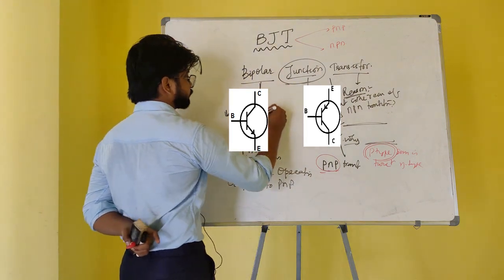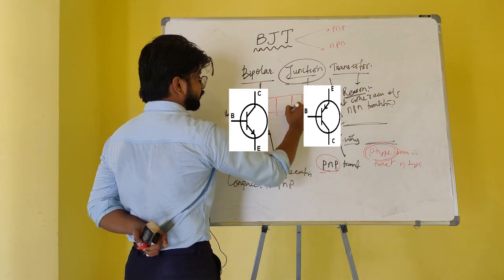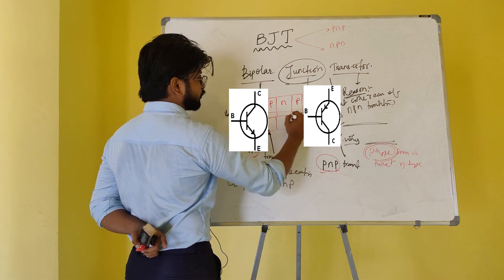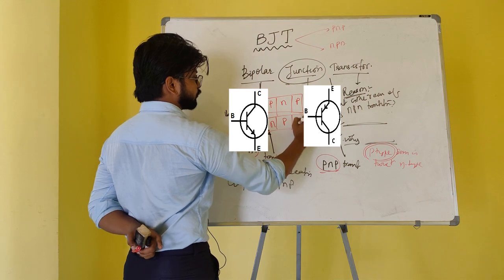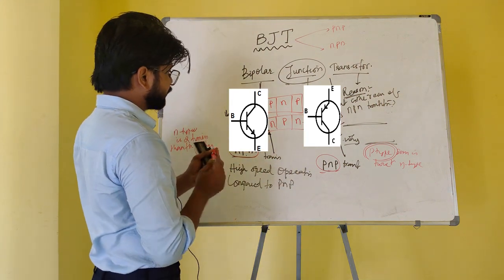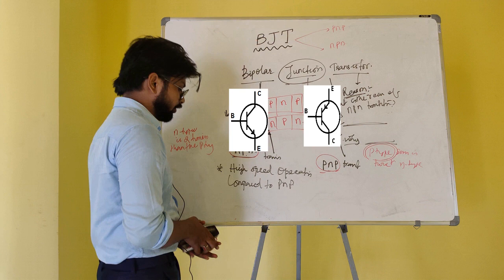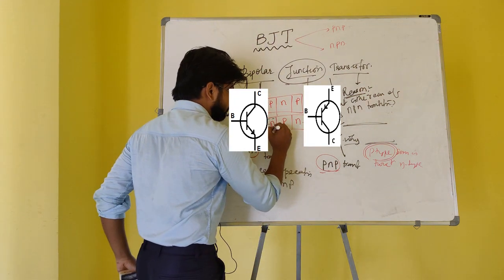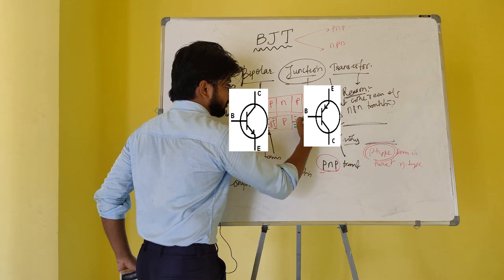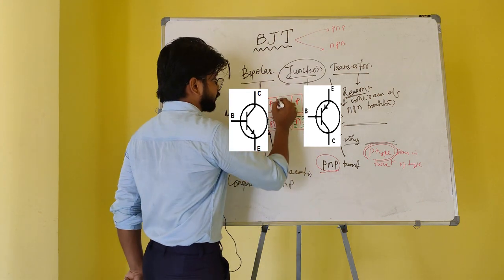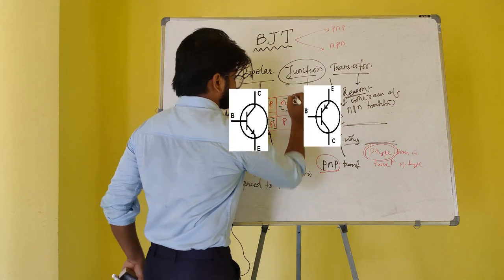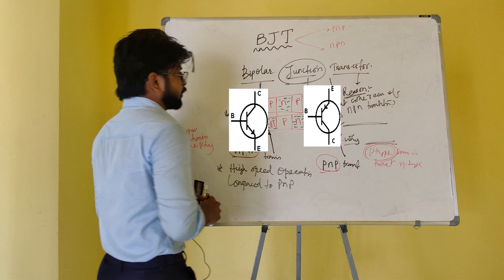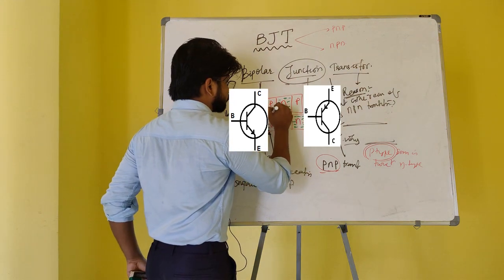In the NPN transistor, the electrons are present in the N-type semiconductor, and in the P-type semiconductor there are holes present.